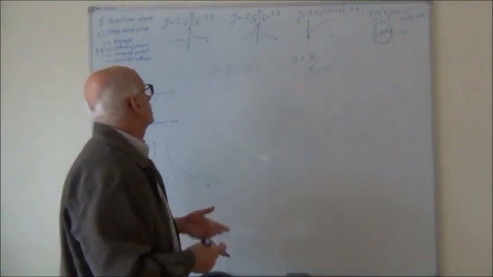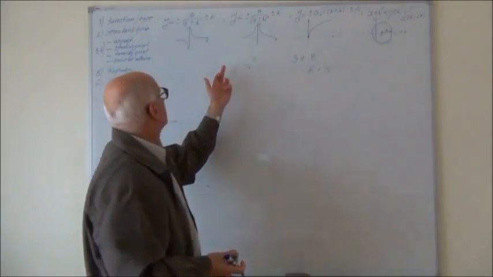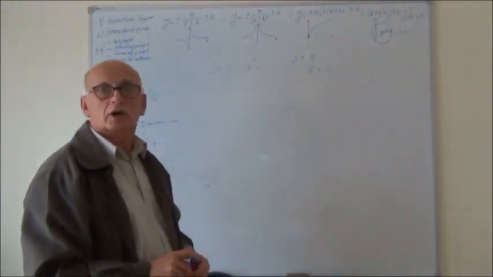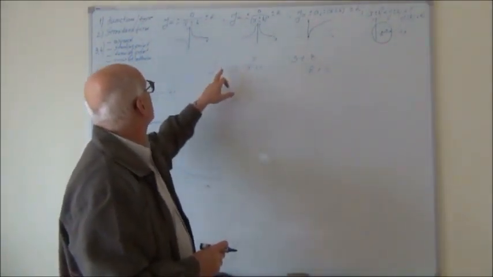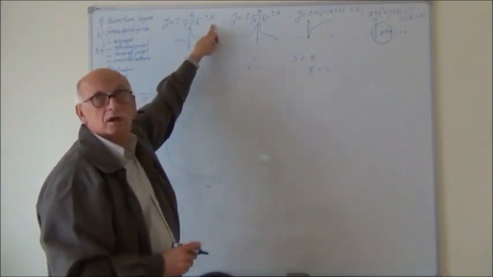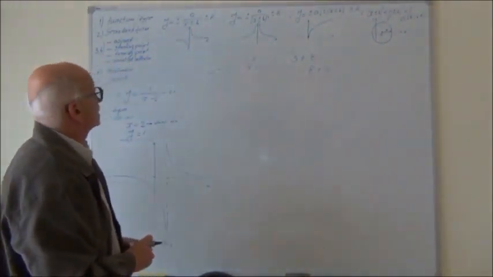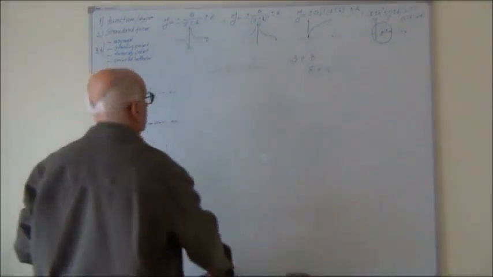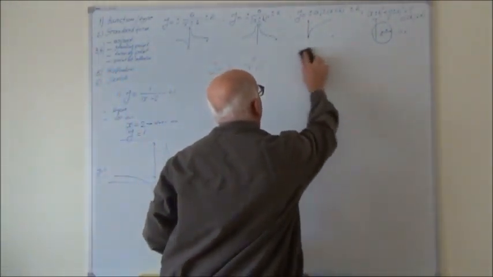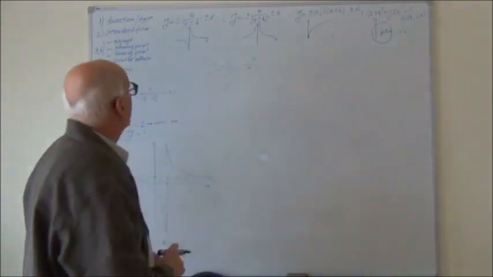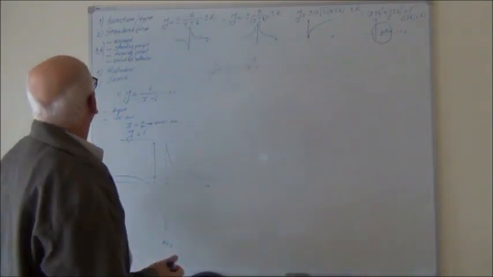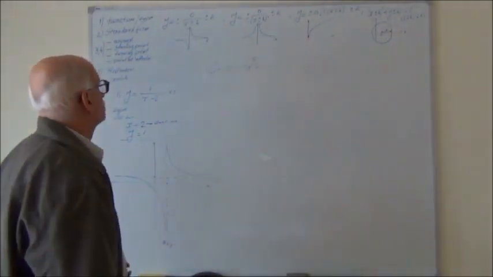So we can say standard form. You don't even need to change anything to get standard form. Simply, you have to recognize this number is like k in standard form. And when we state that this is hyperbola in standard form, then we have to look for asymptotes.